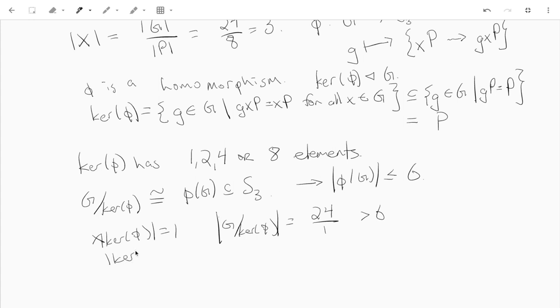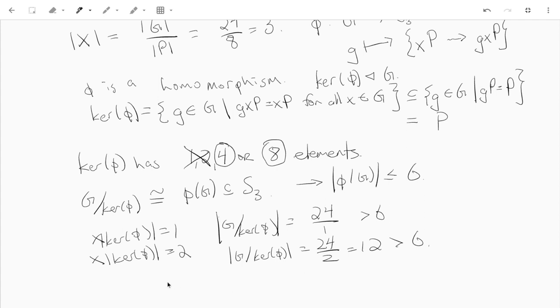Similarly, if the kernel of phi has 2 elements, then the number of elements in G mod the kernel of phi is 24 over 2, which is 12. Again, that's bigger than 6, so this can't happen. So that's the possible number of elements in the kernel of phi.